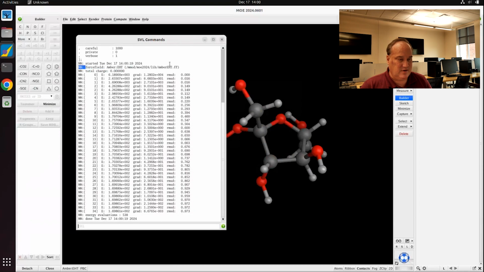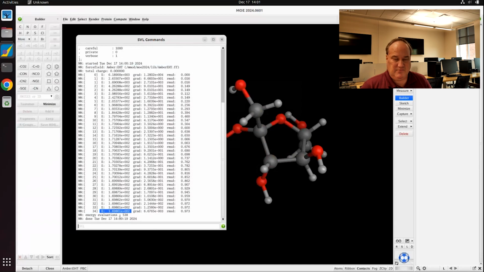So here, this tells you our force field. Well, actually, I've had 538 energy evaluations, but I have changed the structure 34 times to a lower energy, right? And so the gradient, now this is in scientific notation, so your energy right here, this is 1.6 times 10 to the second power. I guess rounded to 3 significant digits, it's 1.70 times 10 to the second power.